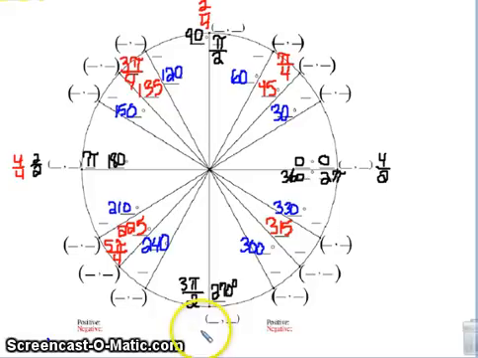Another fourth will take me to 6/4, which is the same as 3/2. And 315 degrees is going to be 7/4. My next would be 8/4, and of course 8/4 is the same as 2.